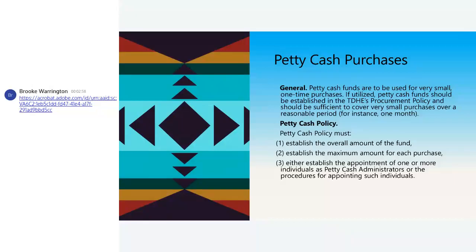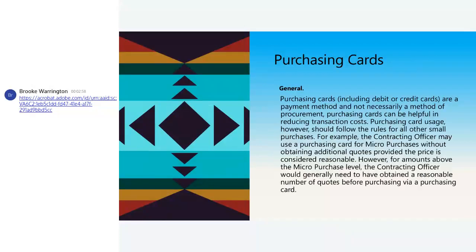It has to establish the overall amount, your starting amount for your fund, establish the maximum amount for each purchase utilizing petty cash, and either establish the appointment of one or more individual petty cash administrators or the procedures for appointing such individuals.